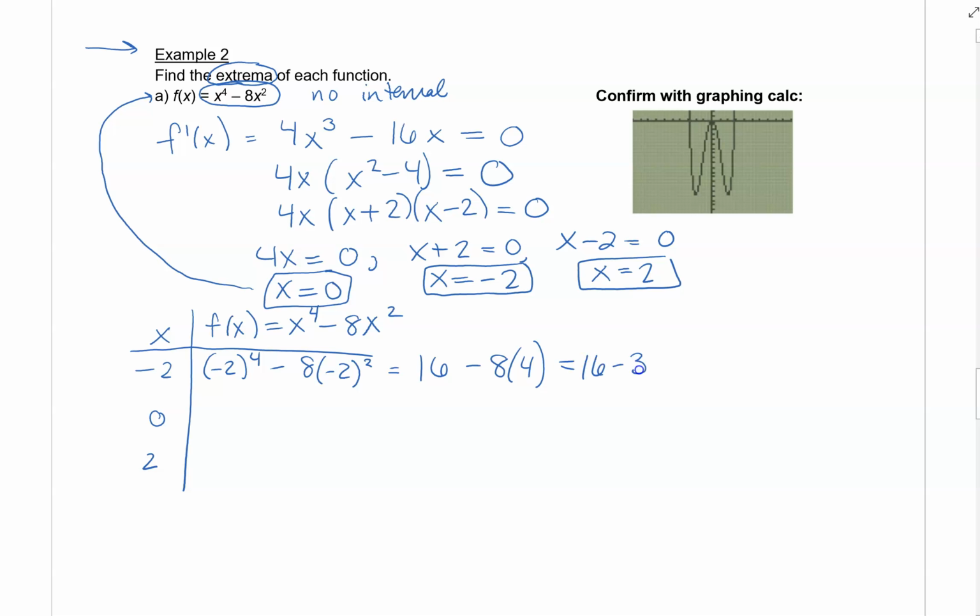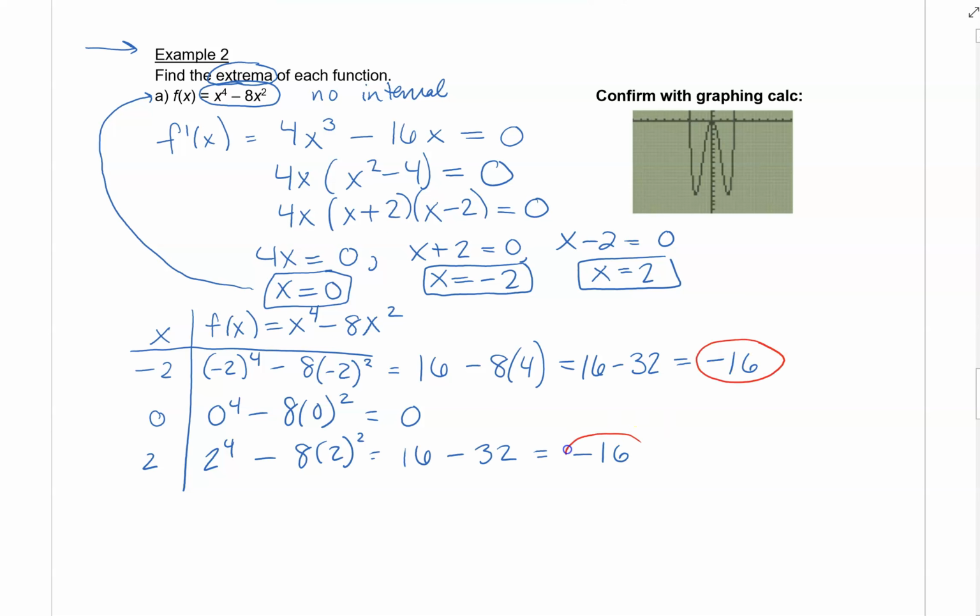So 16 minus 32, I get a negative 16. When I plug in 0, I just get 0. And when I plug in 2, I get the same thing I got when I plugged in negative 2, 16 minus 32. So I can see from my table that I've got minimum values of negative 16 and negative 16, and then what looks like maybe a maximum of 0.